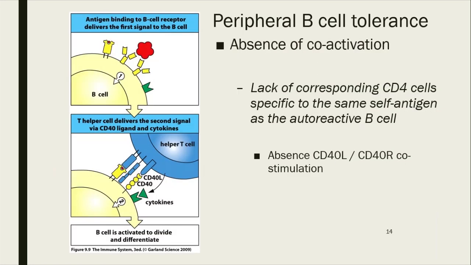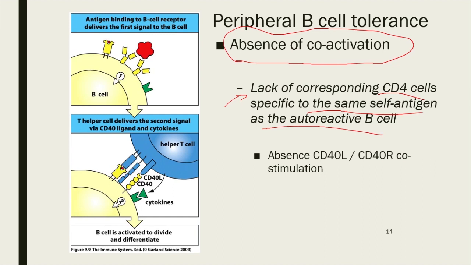Now, in terms of peripheral tolerance, we still have this absence of co-activation. A very similar idea to the T cells. In this case, it's the lack of corresponding CD4 cells that are specific for the same self-antigens as the autoreactive B cells.